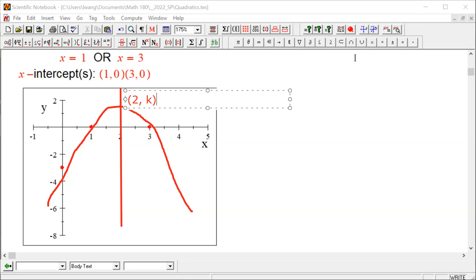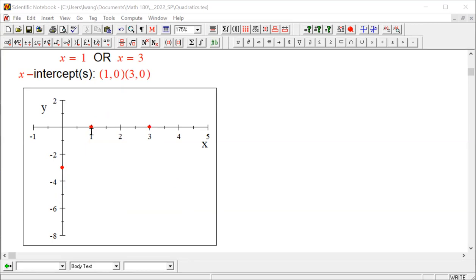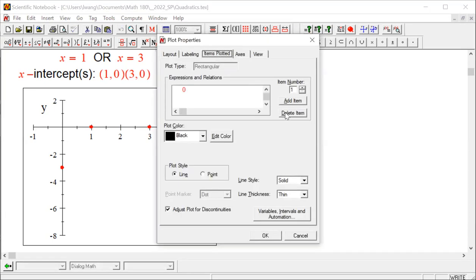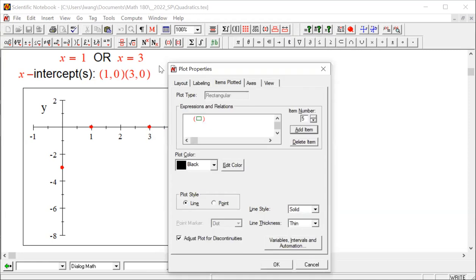Now, from these 3 points, we know the line of symmetry is going to be x equals 2. That's the line of symmetry.